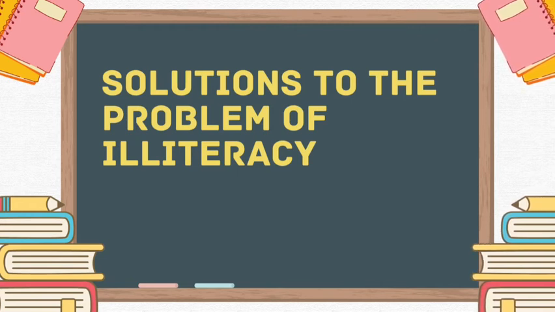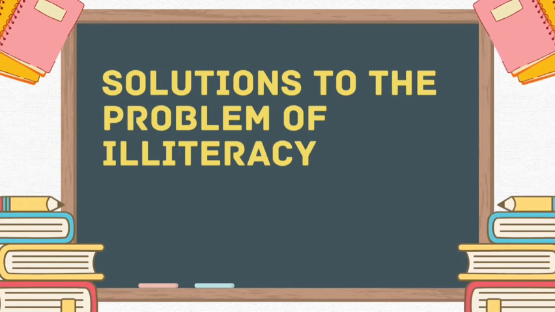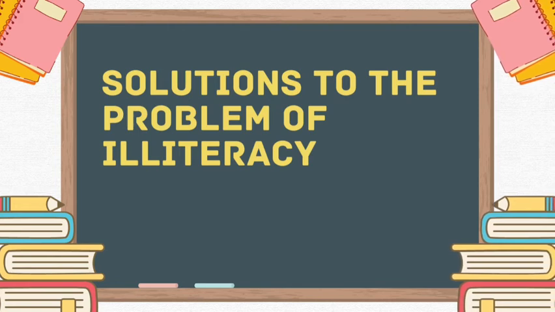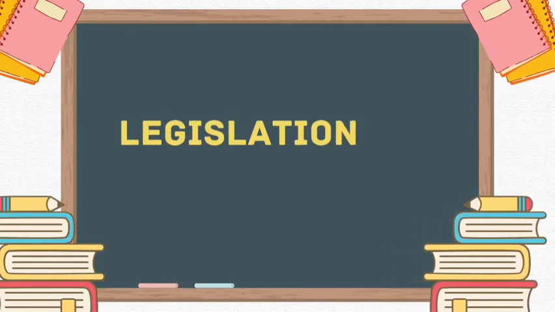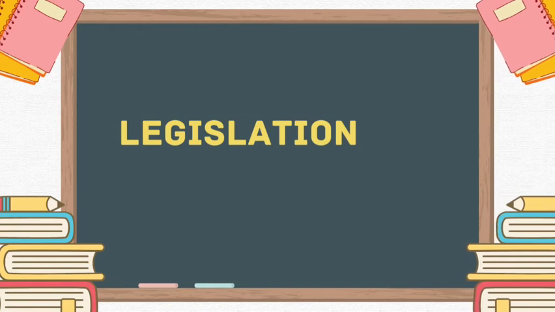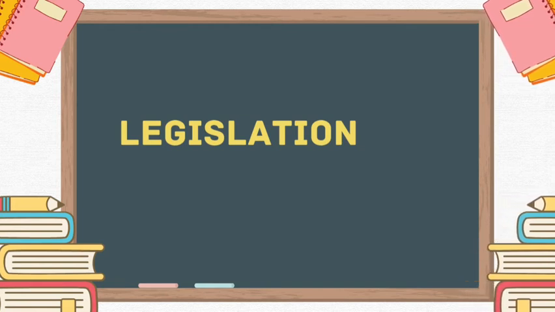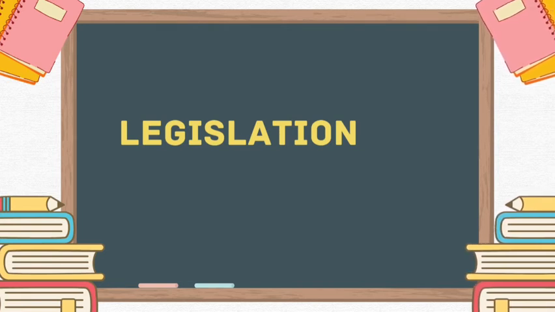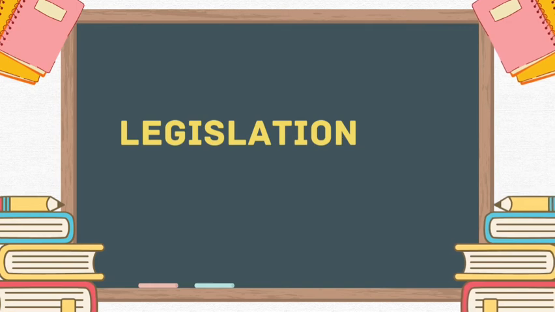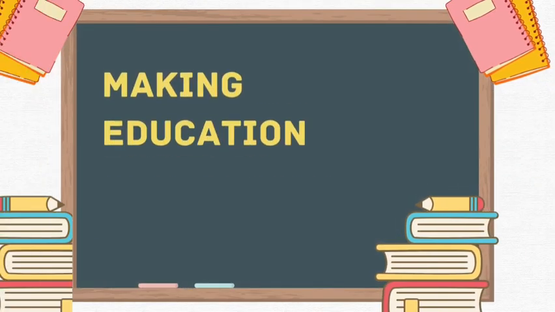So let's look at the solutions. How can we solve the problem of illiteracy today? Now we'll quickly look at some of those ways we can solve the problem of illiteracy in our society today. One of those ways is through legislation, through making laws. Government should make laws to make education compulsory to a certain level.